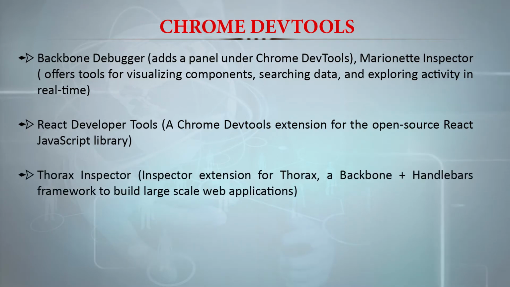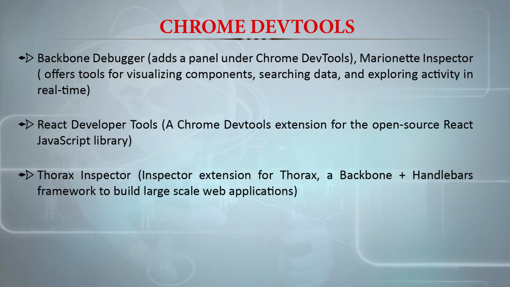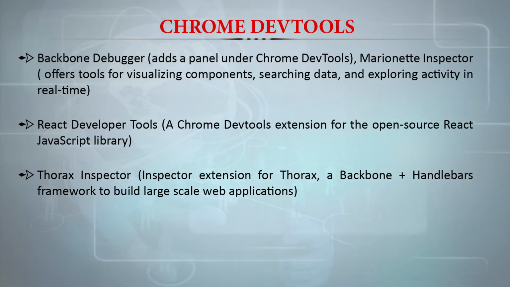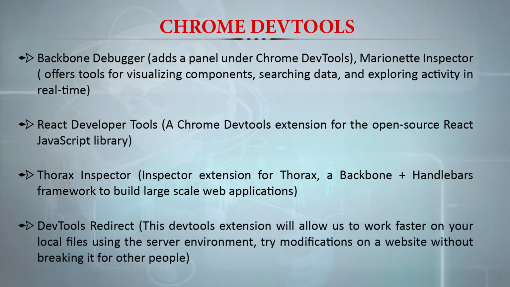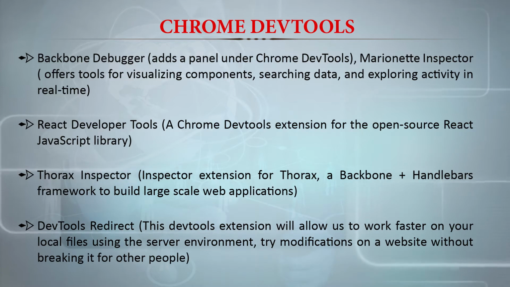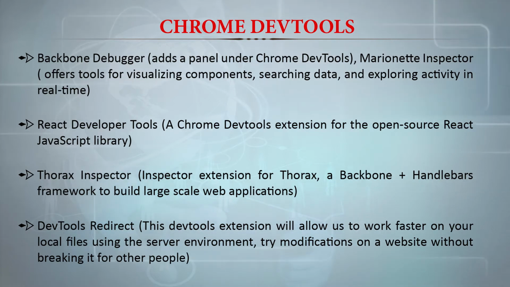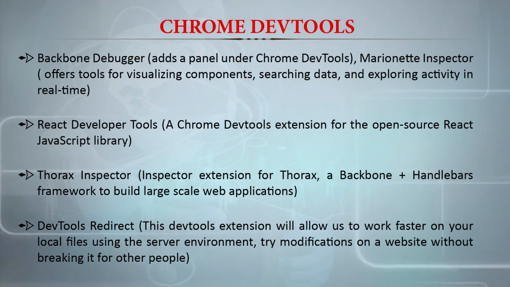Thorax Inspector is an extension for Thorax, a Backbone plus Handlebars framework to build large scale web applications. Developer Tools Redirect is an extension that will allow us to work faster on our local files using the server environment, and try modifications on a website without breaking it for other people.